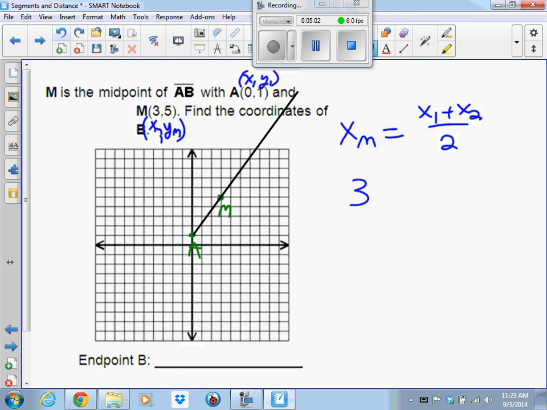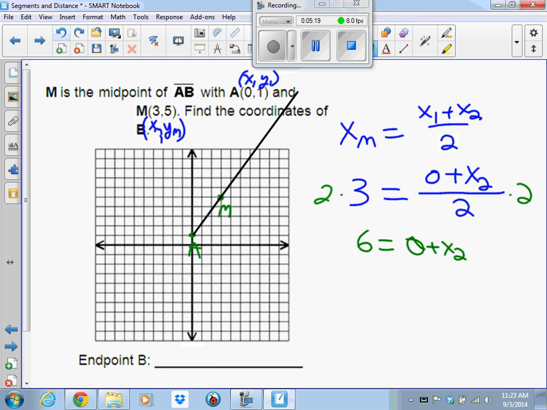So 3 equals 0 plus whatever x2 is, divided by 2. We're just going to solve this. We multiply by 2 on both sides: 6 equals 0 plus x2. So the value of x2 is 6.